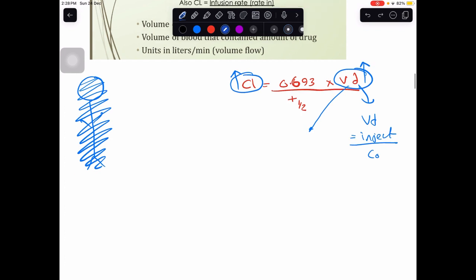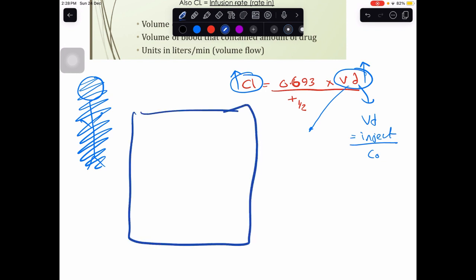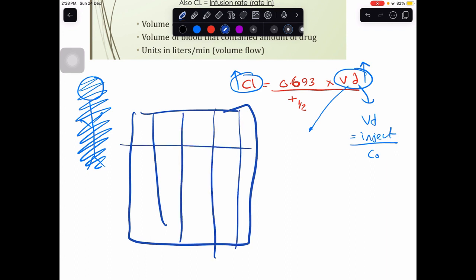Now let's use a different concept here. Let's say I have a floor, and the floor is made of multiple tiles, correct? We're using some sort of code right now to make it much easier to understand. Let's say the tiles here are my tissues.